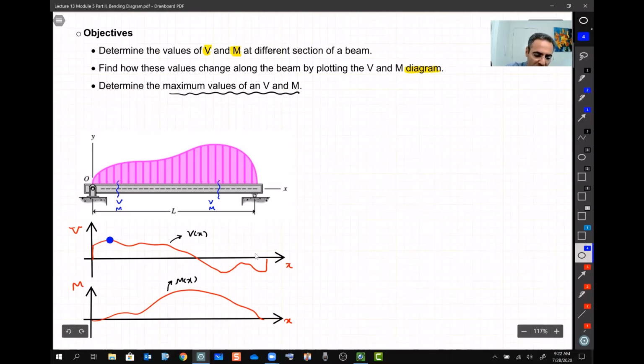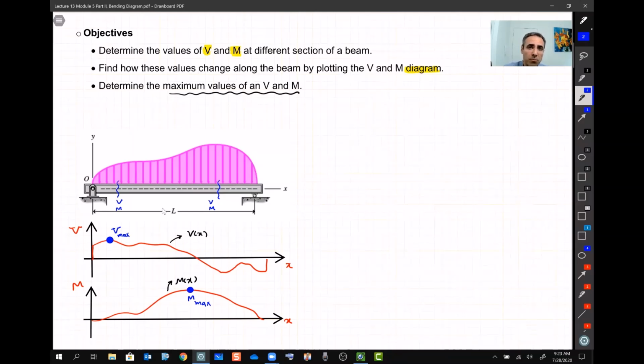That's the maximum V, and here is the maximum M. So this is V max, and this is M max. We need to find these M max and V max because at these points they are critical points for this beam. The beam is going to break. And if we want to design a beam, we need to base our design on these numbers, M max and V max. So it is critical to find these values.